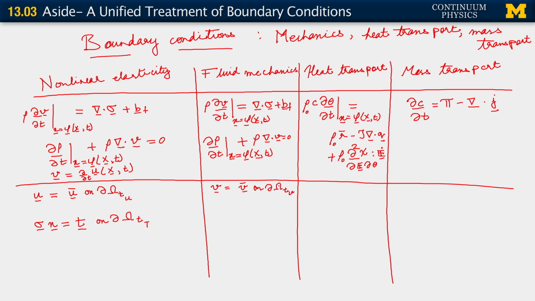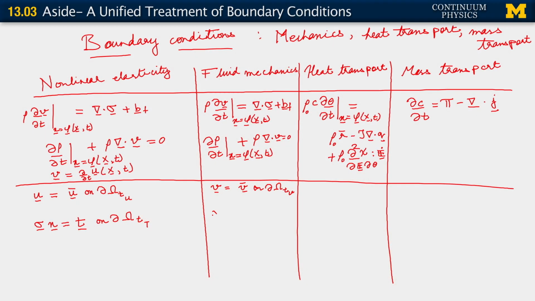And we saw how this works out in the context of our boundary value problem that we solved for fluids. Now, again, in the context of fluids, we could look at the total stress boundary condition. Okay, so we have sigma n also equals some traction on the traction boundary.